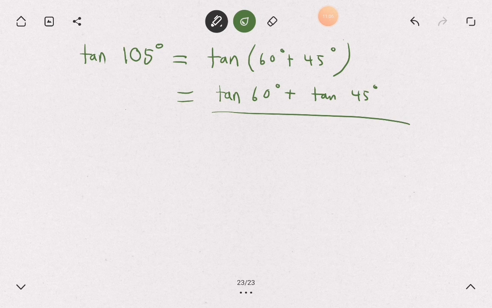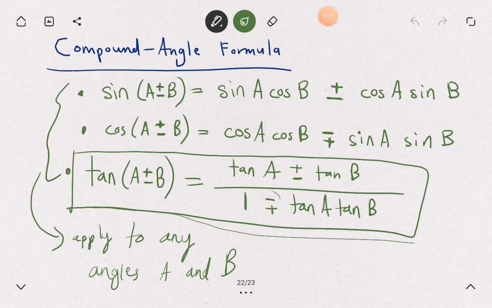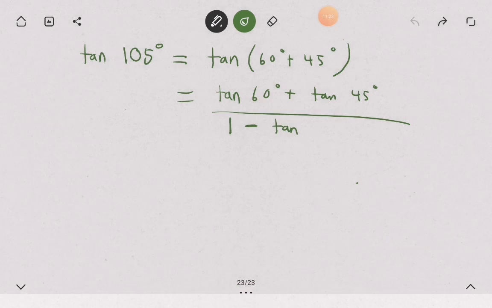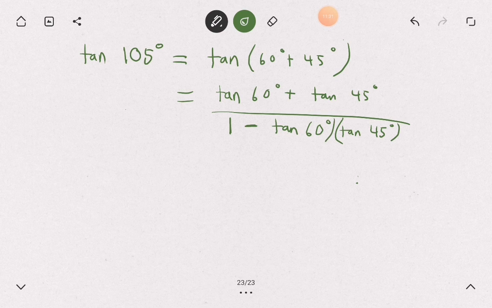The denominator will be 1 minus tangent A tangent B, remembering that the denominator has the opposite sign. So this should be 1 minus tangent 60 times tangent 45. This is a multiplication here. Then we can get the answer.